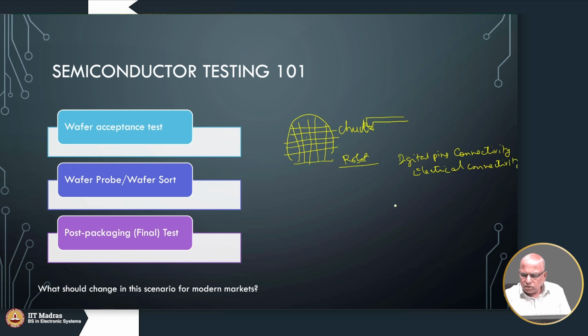Power is connected or not, ground is connected or not. So any gross failures, they will reject and they'll ink the wafer saying this is a bad IC. Here is another bad IC, here is another bad IC, etc. The dies which did not fail at wafer probing are packaged and they are tested.